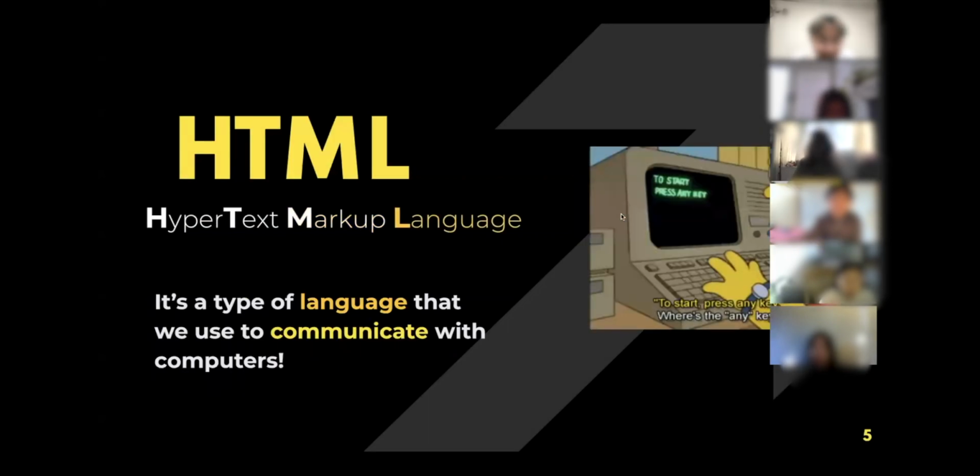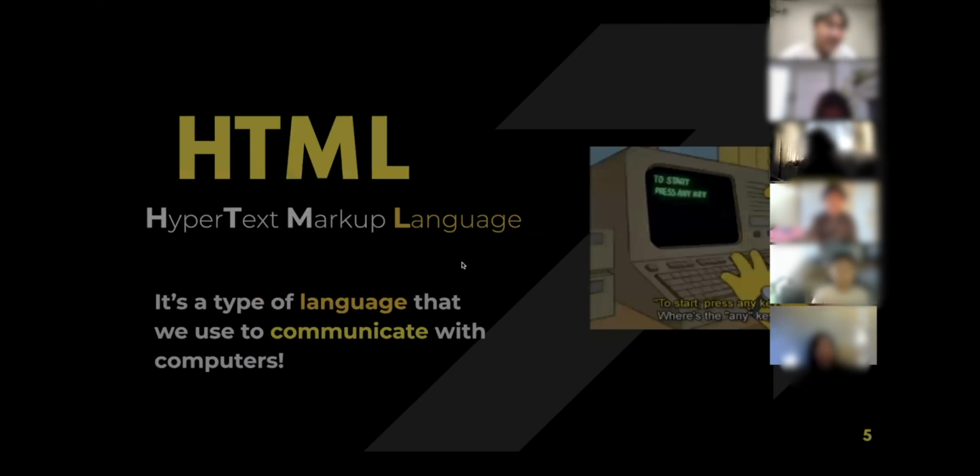And then lastly, it is a language. It's a type of language that we use to communicate with computers. The fundamentals of coding is that by learning to use different coding languages, we're trying to communicate with the computer, telling it what to do, and then it understands us and displays it to us. So we have an input to our computer and an output.